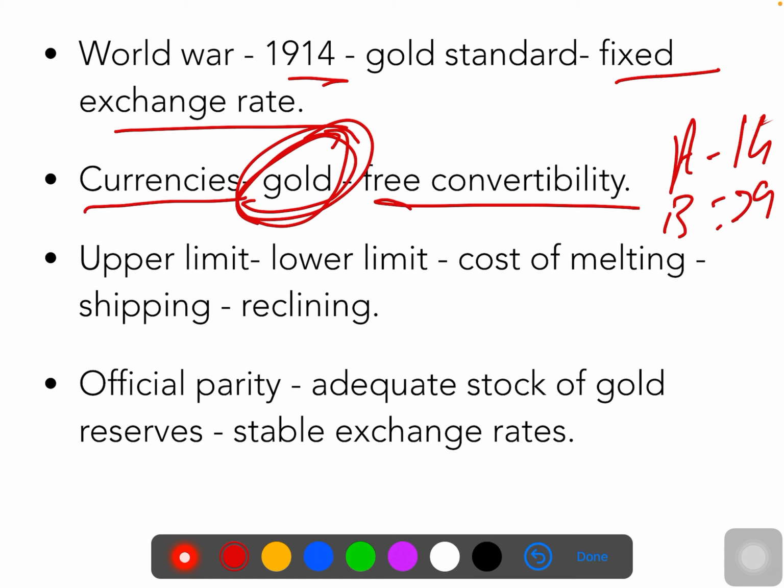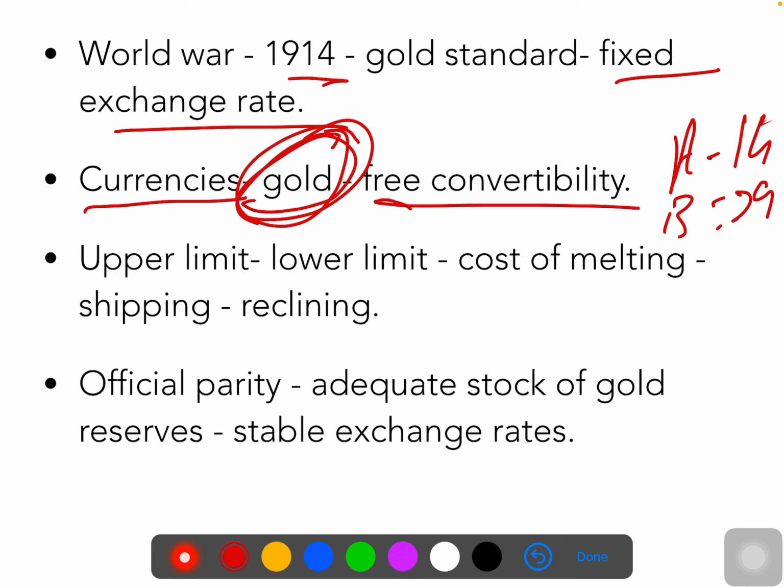In this case, economic agents could directly convert 1 unit of currency B into 2 units of currency A without having to first buy gold and then sell it.